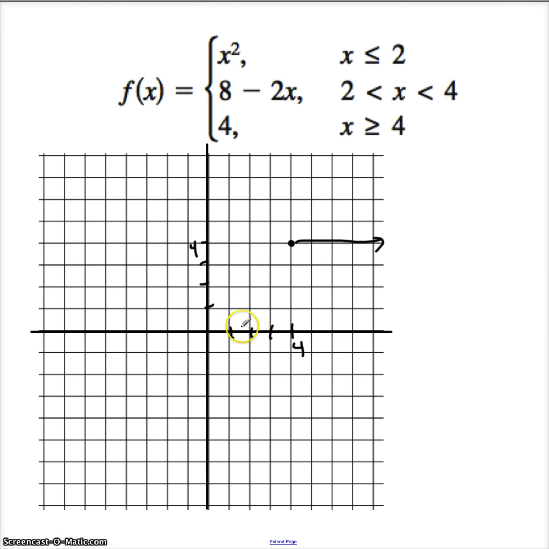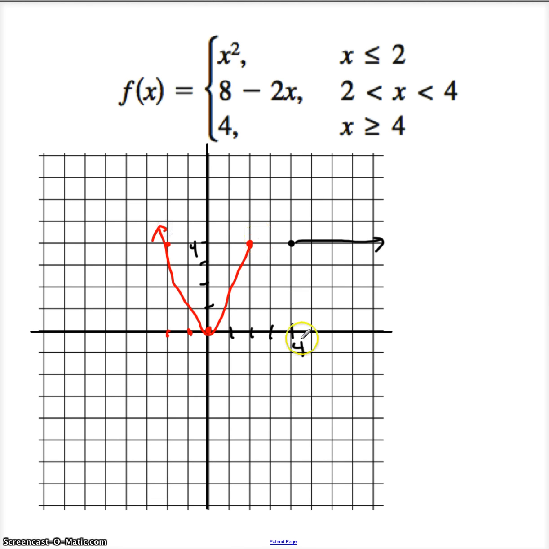So x squared, let's see, 2 squared is 4, all right. And what does x squared look like? Well, it goes here, and it's symmetrical. So I'll come over here, and you will do a much better job. I'm just rushing through this. Let's see. It's hard to draw these backwards.